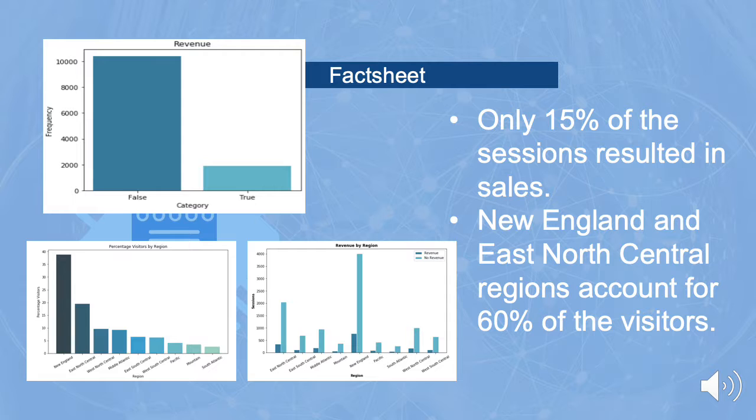From the data, we gathered that only 15% of the sessions resulted in sales. Most of the visitors come from New England and East North Central regions. It is also evident from the graphs that most of our revenue comes from these areas as well.